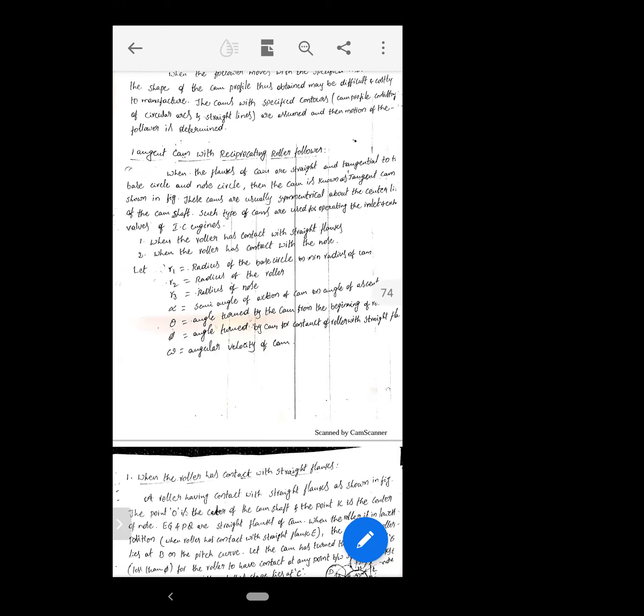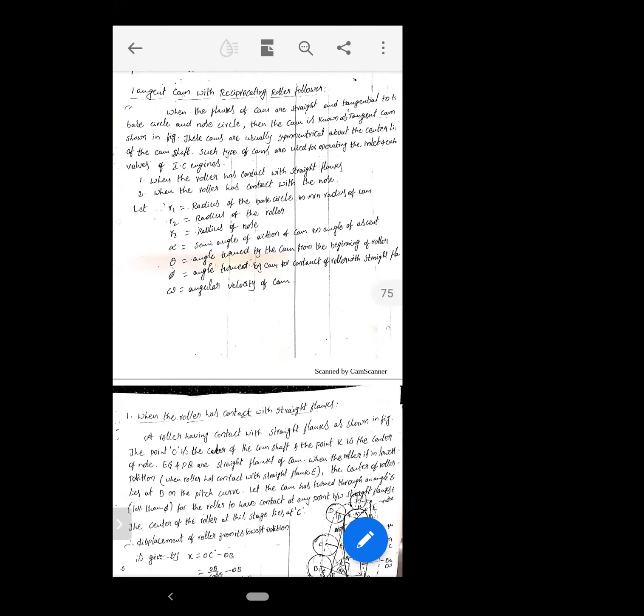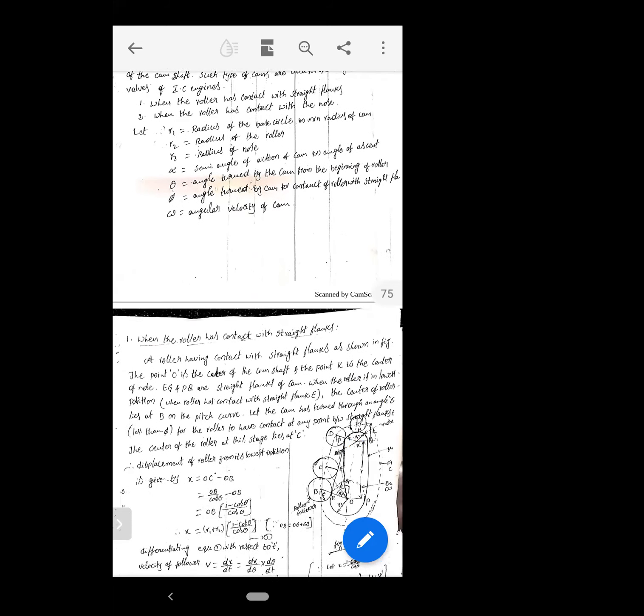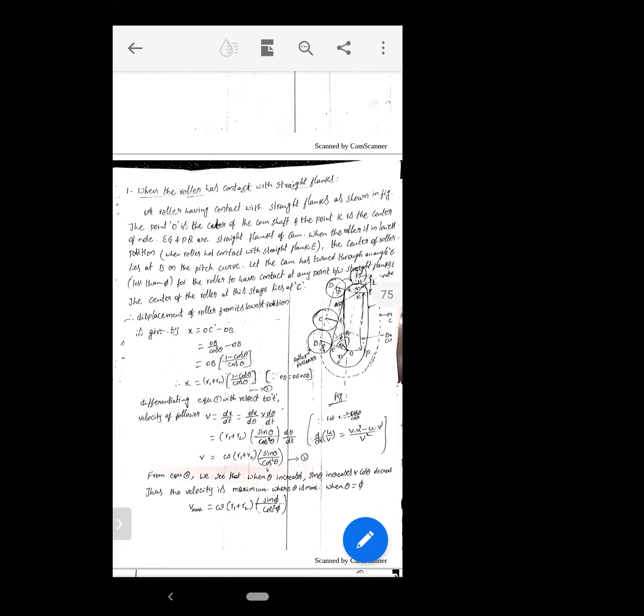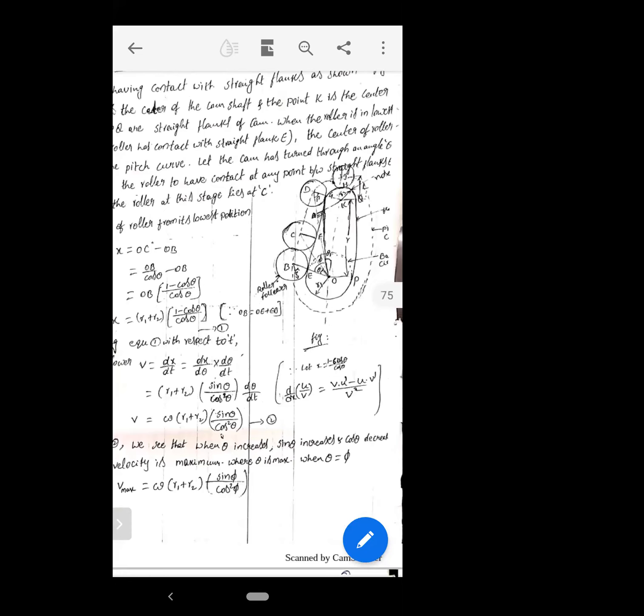Small r1 is the radius of the base circle, small r2 the radius of the roller, r3 the radius of the nose circle, alpha the semi-angle of action, theta the angle turned by the cam from the beginning of the roller, phi the angle turned by the cam for contact of roller with the straight flank, and omega the angular velocity of cam. Let us take the first case.